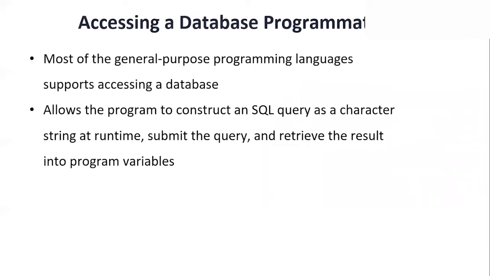Most general purpose programming languages like Python support accessing a database programmatically. They allow the program to construct an SQL query as a character string, and at runtime, they will submit this SQL query to the database and retrieve the result set into the program variables.